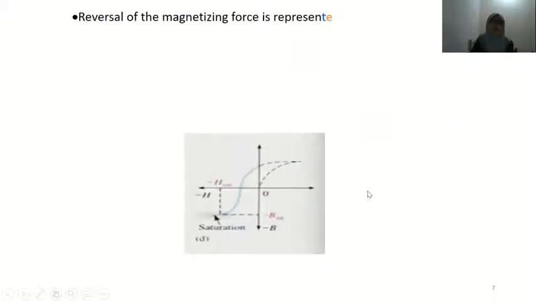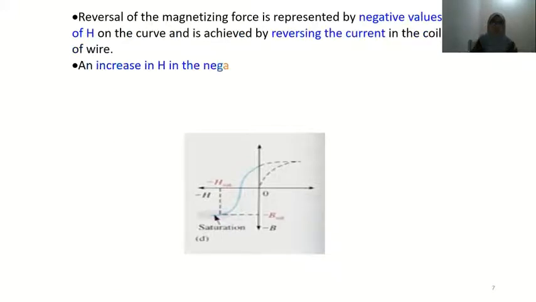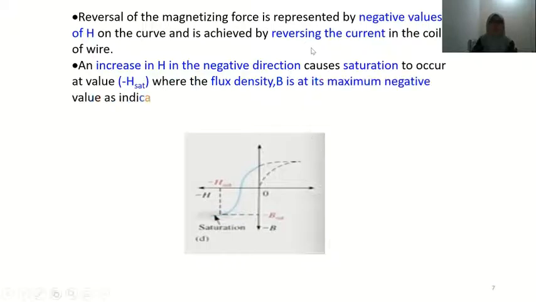The reversal of the magnetizing force is represented by a negative value of H, and achieved by reversing the current in the coil of wire. So when we reverse the coil, there is an increment of H in the negative direction.